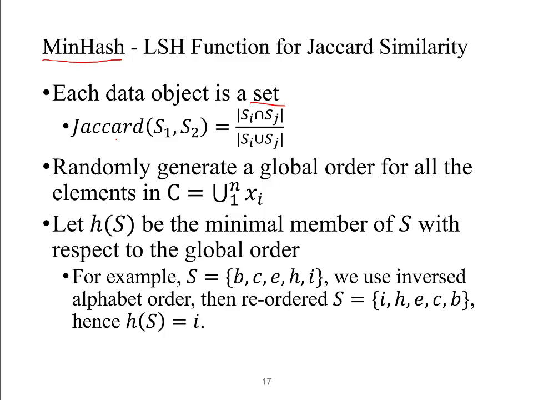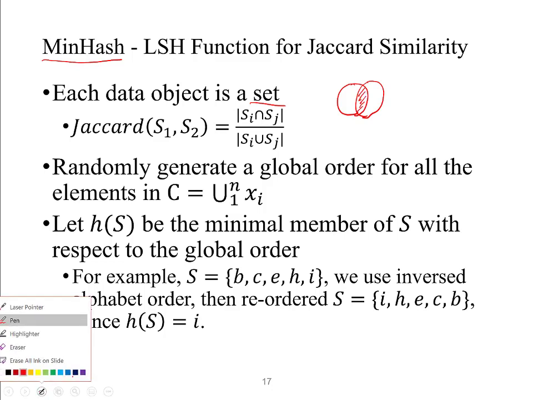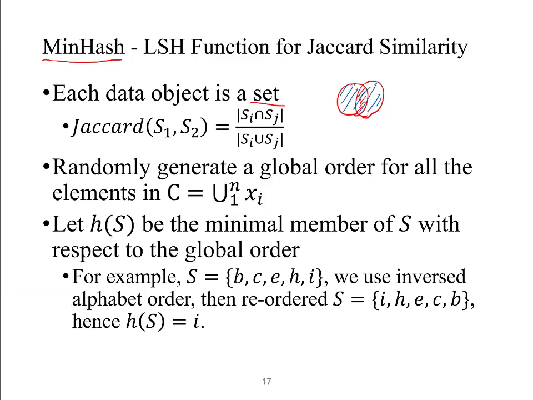The Jaccard similarity between two sets is their intersection size divided by their union size, right? If we draw a Venn graph, it should be this red part divided by this whole blue part. All right.